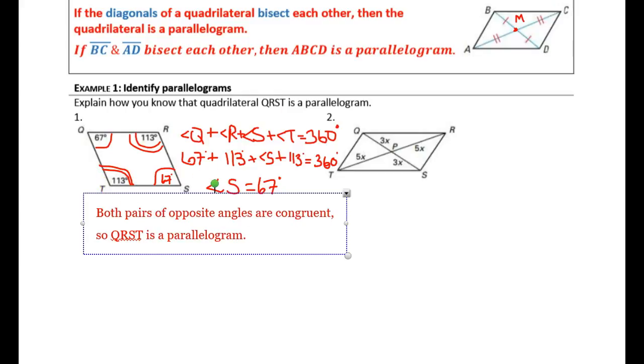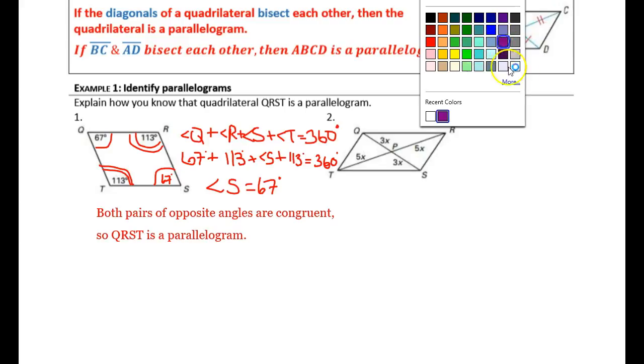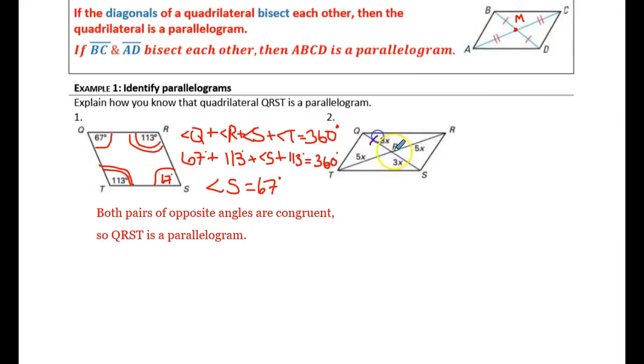All right, let's look at the next one. So in the next one, I am given nothing about side lengths again, nothing about angles. However, I have been told that QP is 3x and SP is 3x. So that means that these two segments are congruent. And I know that TP is 5x and RP is 5x.